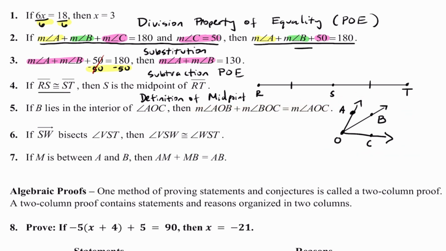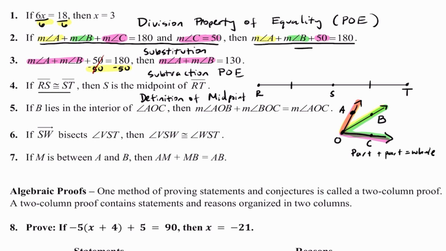Well, we have angle AOB plus angle BOC, which will give us angle AOC. So these two angles create that whole angle. In other words, part plus part equals whole.